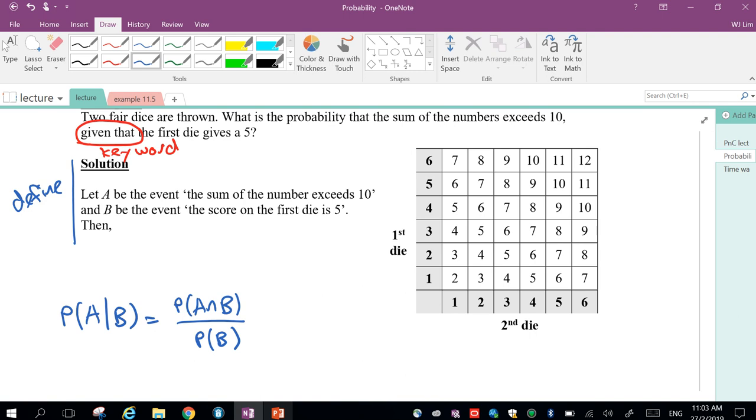What is the probability of A intersect B? Let's list out A intersect B, which are the things that overlap. A is the sum exceeds 10, so it will be here. Intersect B, you want the score on the first die to be 5, so it will be here.